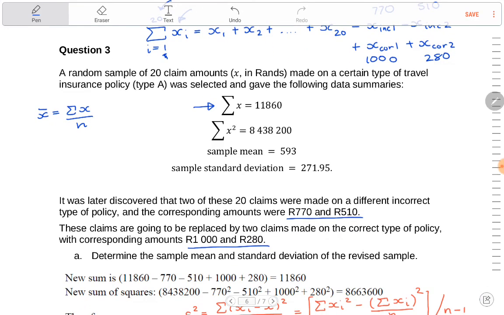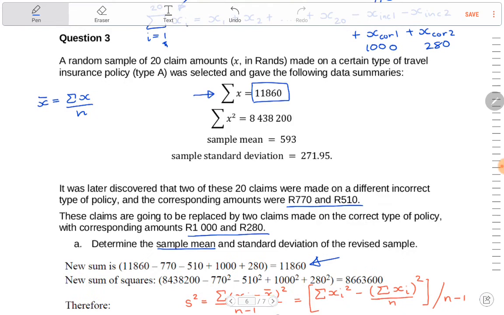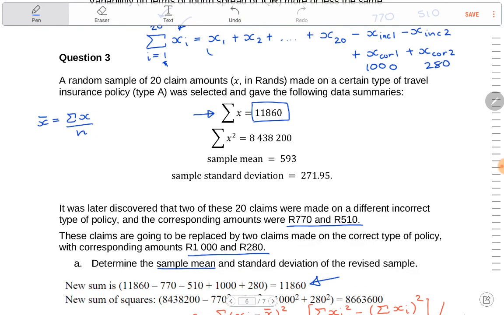So now if you want to calculate your sample mean, then whatever you get from that, you should get 11,860. You will take this value. So we know that all of these up to 120 sum to 11,860.